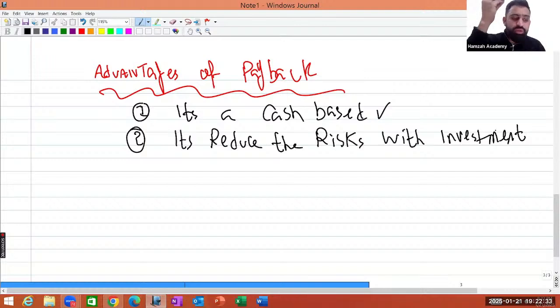If we are using the payback period, then obviously we will select the project which has minimum payback, short payback. And if you have short payback, obviously the business risk, the financial risk which we have in a project would be much less. So it helps to reduce the risk in a project or risk with the projects.